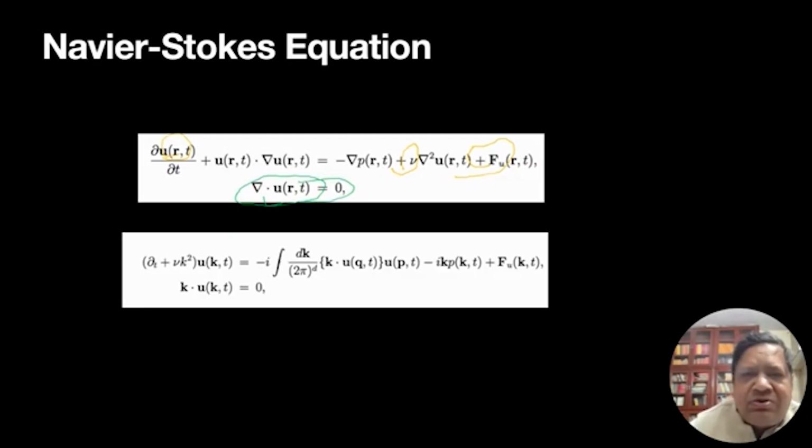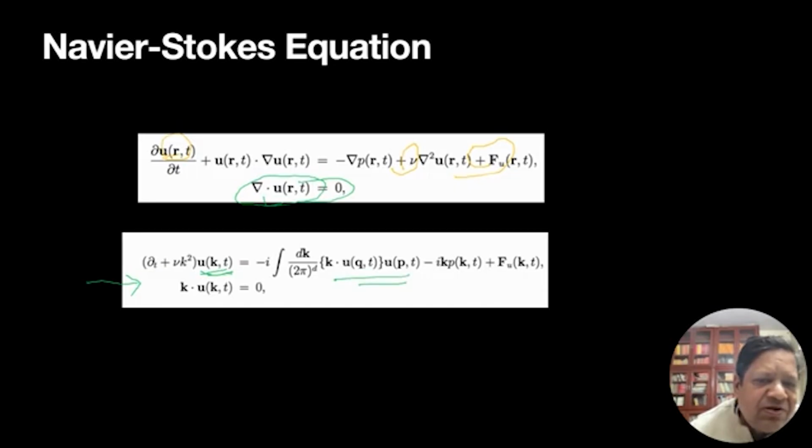Though some renormalization group or field theory calculations are done in real space, in this lecture we will focus on Fourier space, where these calculations are easier, or I would say more standard. So u(k) is the Fourier transform of u(r), and the nonlinear term becomes a convolution.